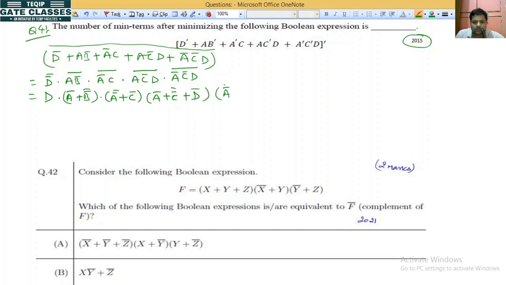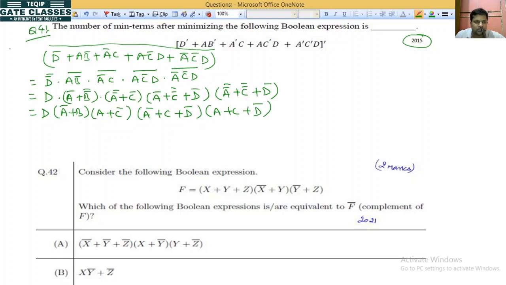This will be A double bar plus C double bar plus D. What will be the D bar? Not D bar, so it will be D. This one will be A bar plus B. This is A plus C bar. This will be A bar plus C plus D bar. It will be A plus C plus D bar.